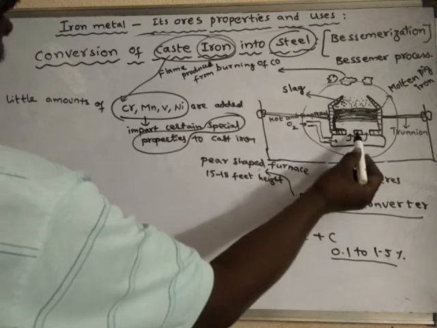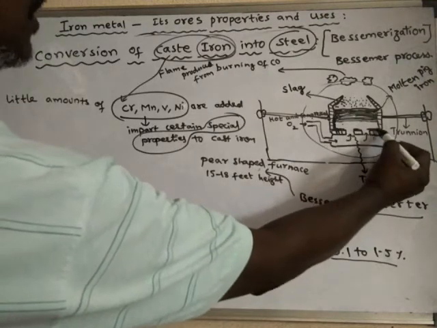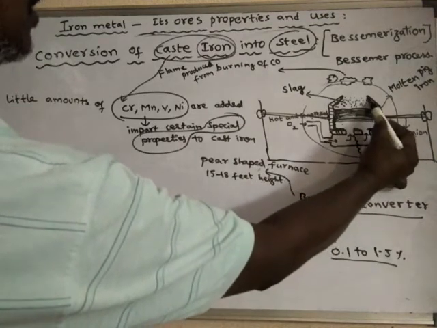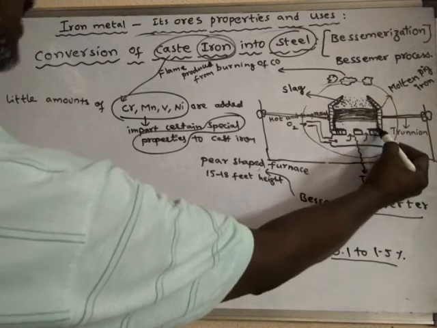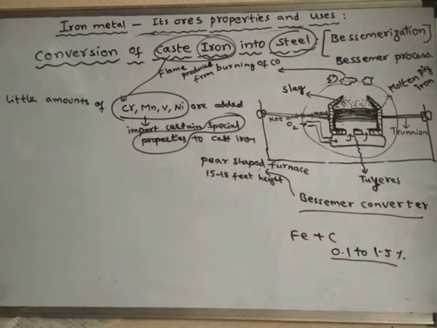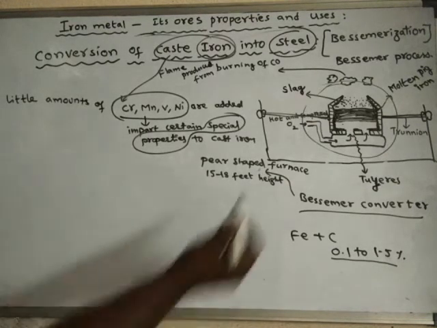This lining inside the steel plates may be a silica lining or a lime lining.